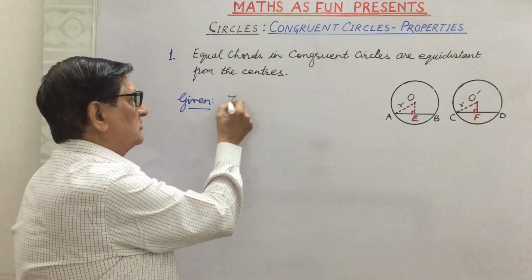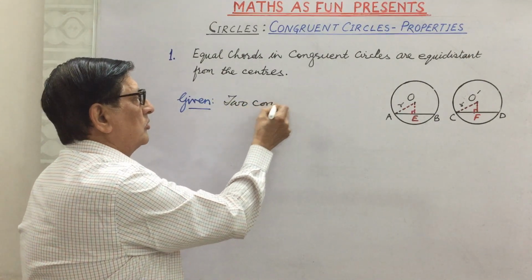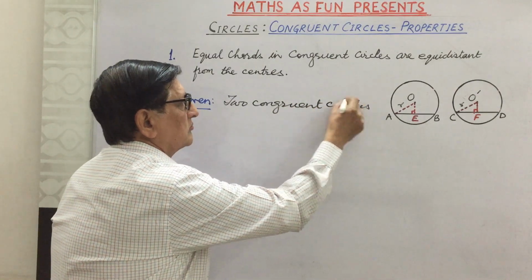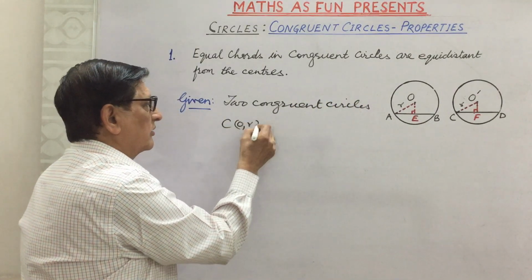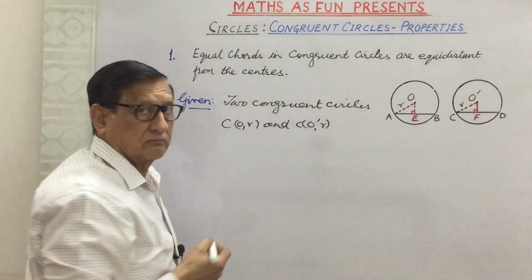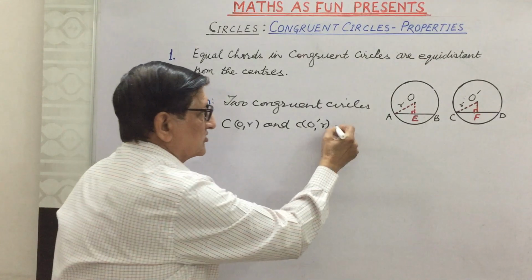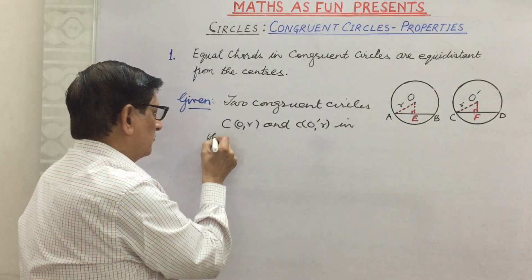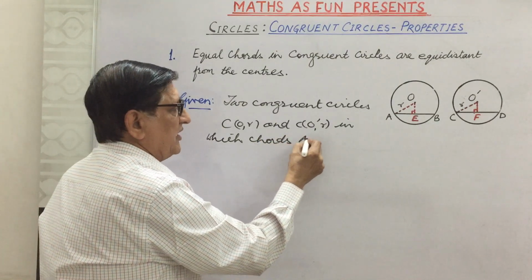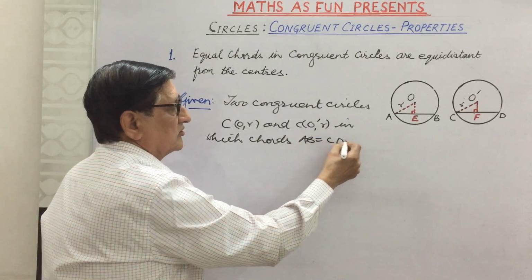Two congruent circles, C(O, R) and C(O dash, R), in which chords AB is equal to CD.